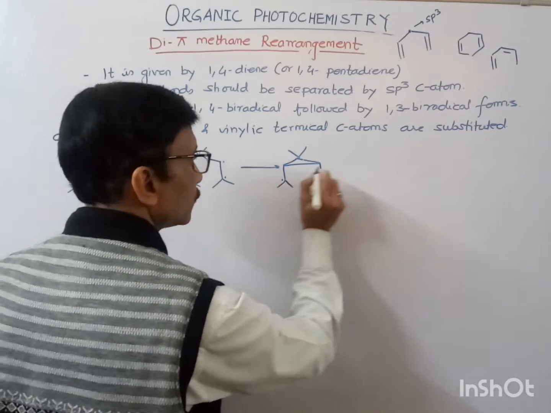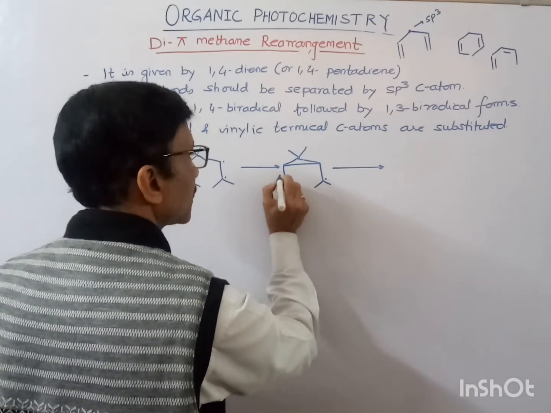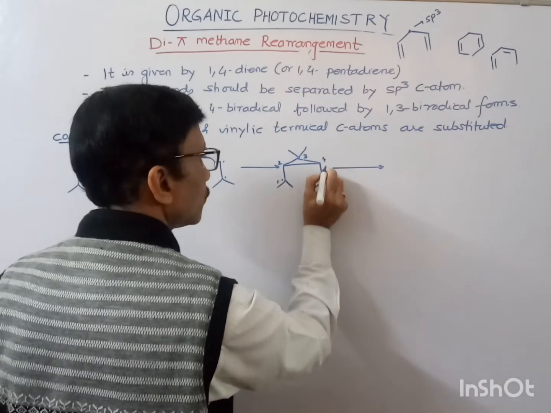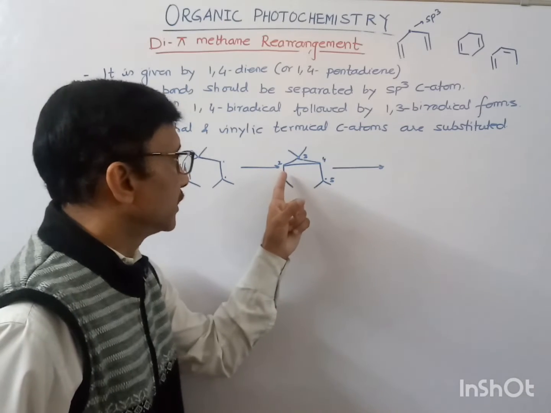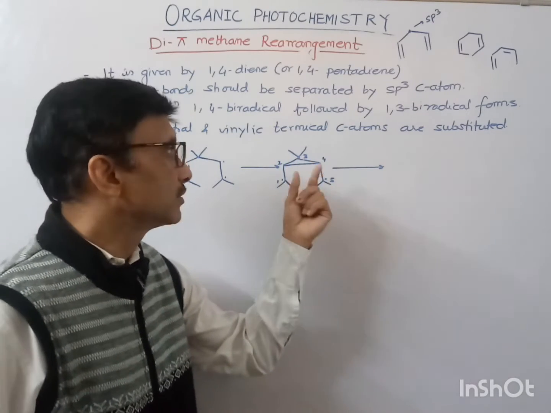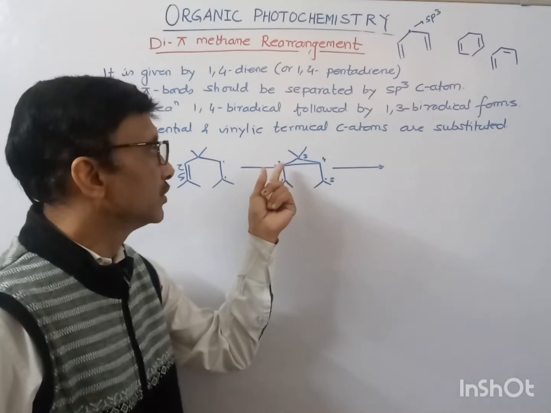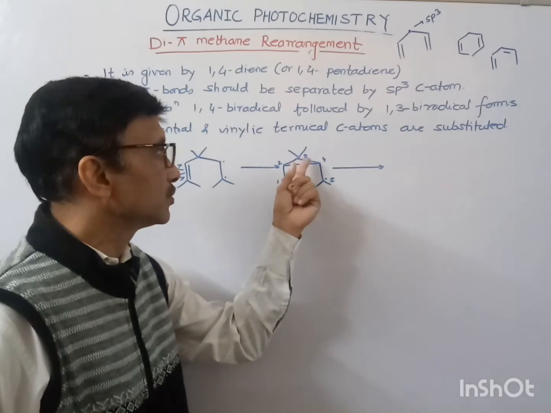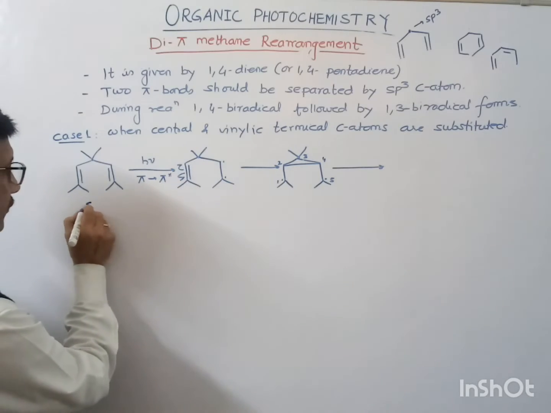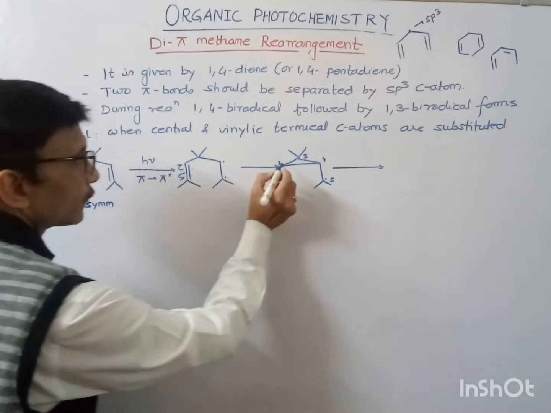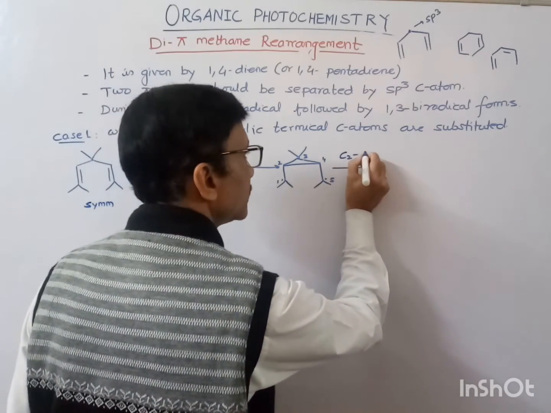Suppose I number these carbons 1, 2, 3, 4, and 5. This three-membered ring is strained, so it can break either the C2-C3 or the C3-C4 bond. As I have taken a symmetrical molecule, either bond may break. Suppose I break C2 and C3.